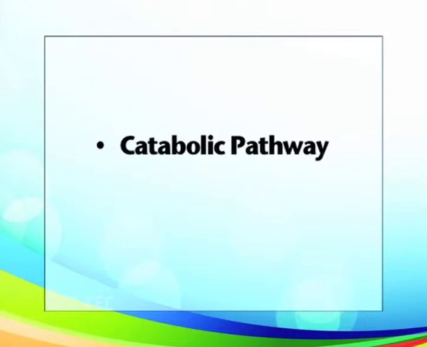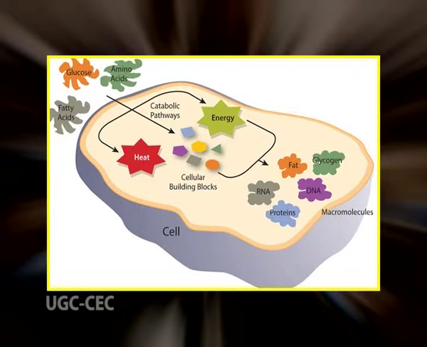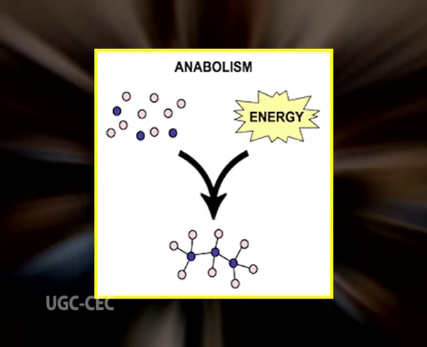Metabolic pathways can be divided into two broad types. First, catabolic pathway, second, anabolic pathway. Catabolic pathways lead to the disassembly of complex molecules to form simpler products, while anabolic pathways lead to the synthesis of more complex compounds from simpler starting materials.